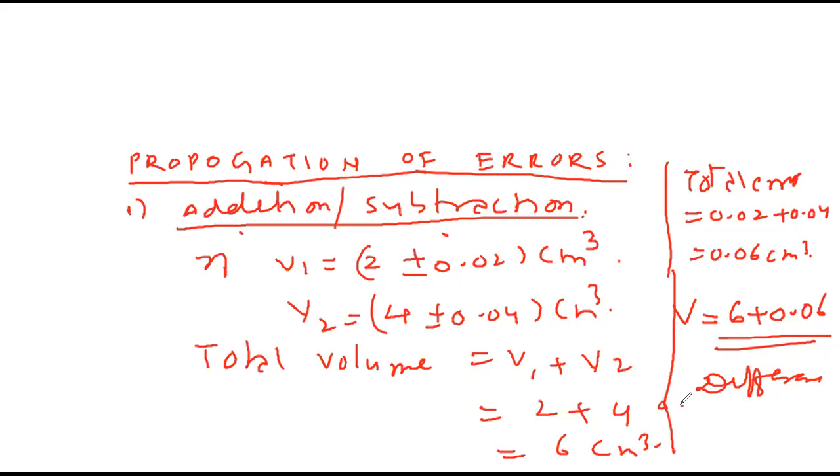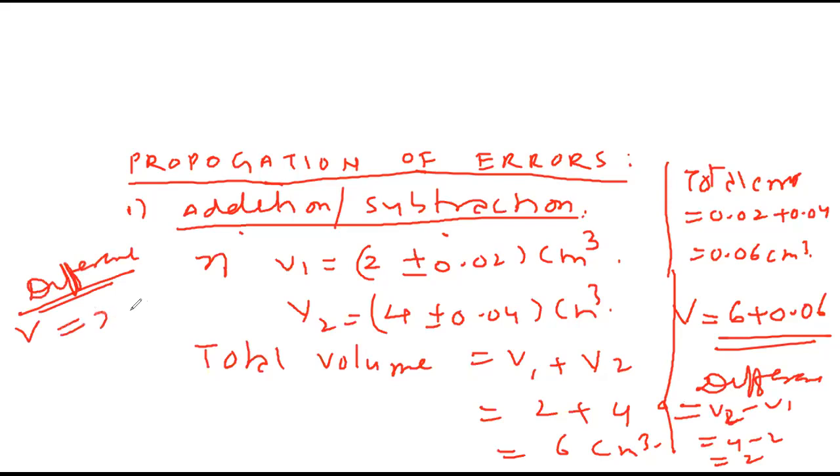But if it is a difference, then the difference will be V2 minus V1, which is 4 minus 2, that is 2, but the error will remain the same. So the volume difference will be 2 plus or minus the same error 0.06.